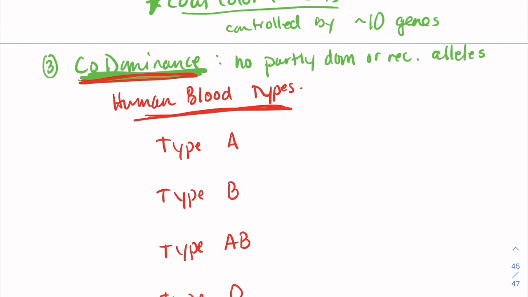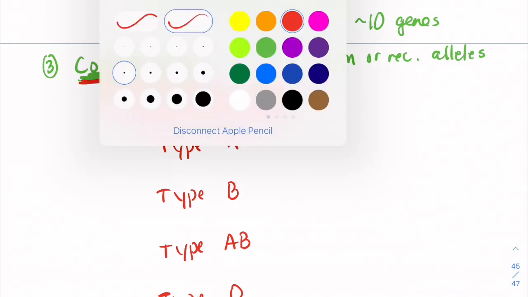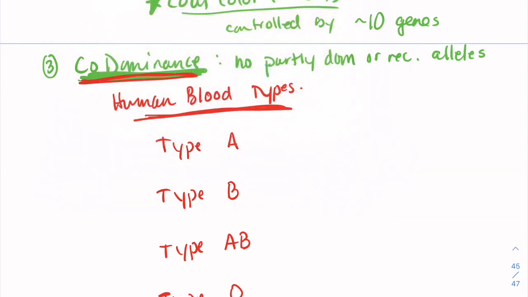Alrighty. So let's talk a little bit about this in a different color. Type O blood is what we call the universal donor. They can donate blood to type AB, to type B, to type A, and to type O people.